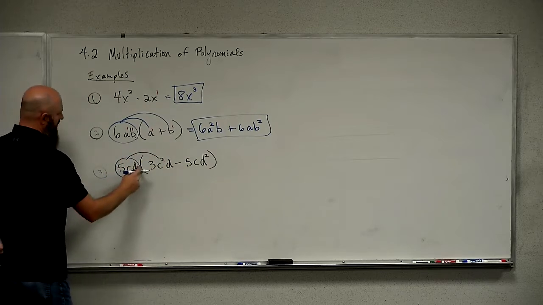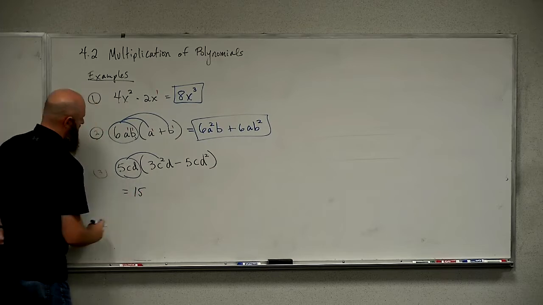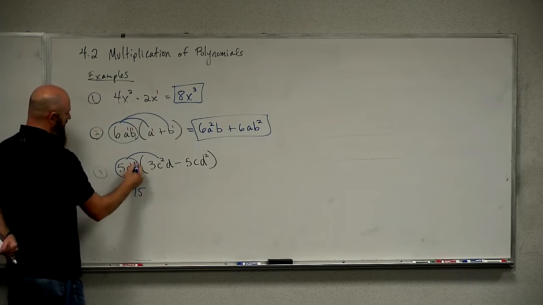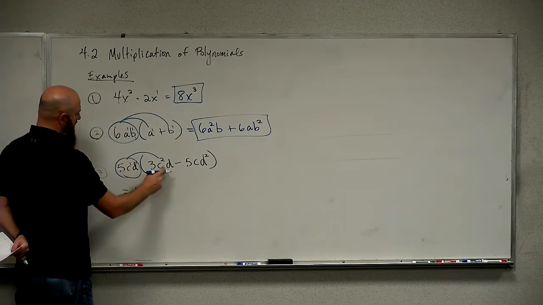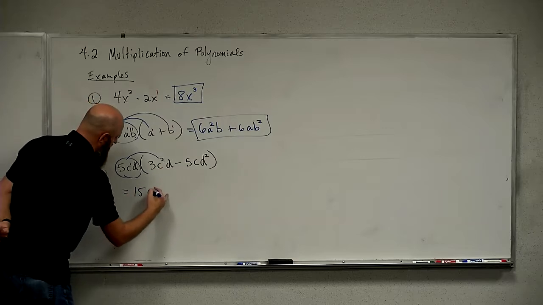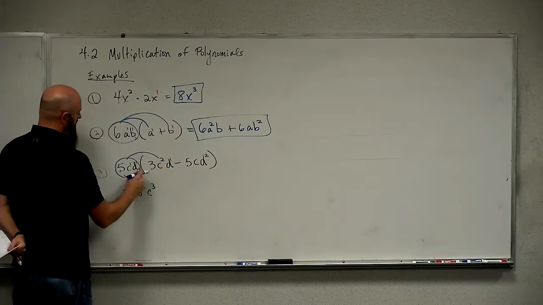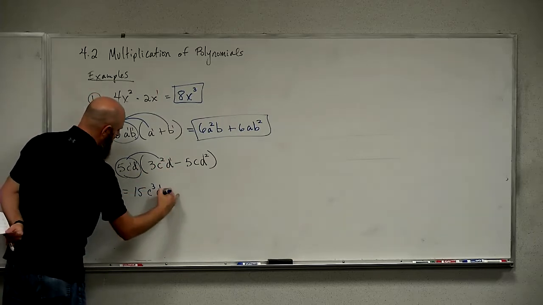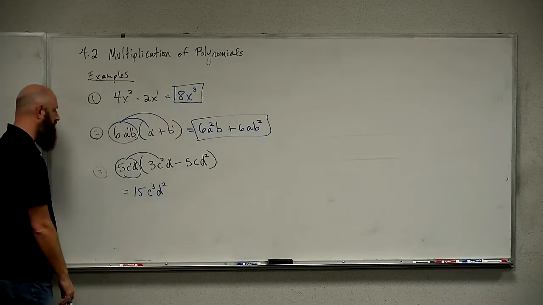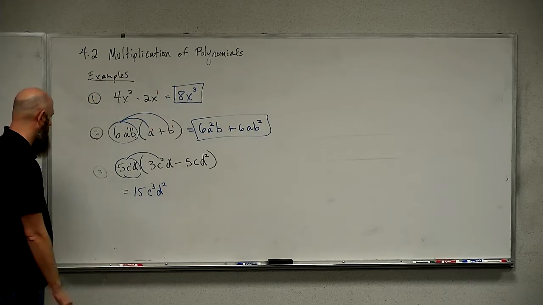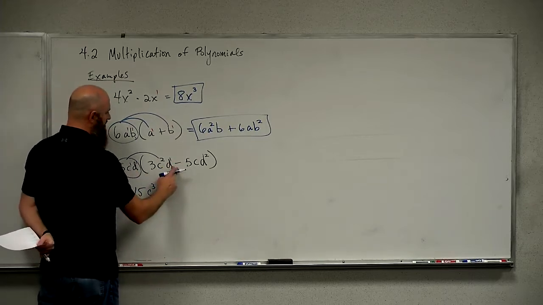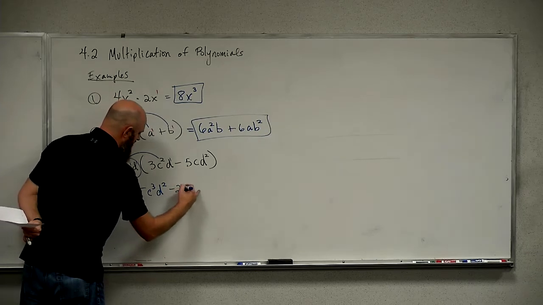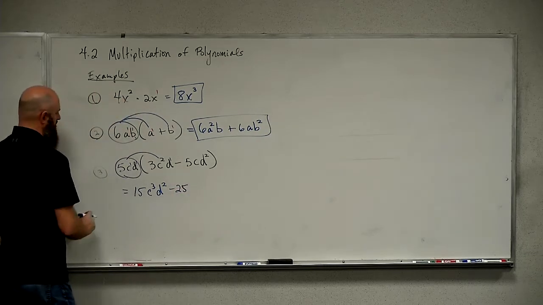So 5 times 3 is 15. C, that's a power of 1. So c times c squared, that's c to the third. And then d times d is d squared.